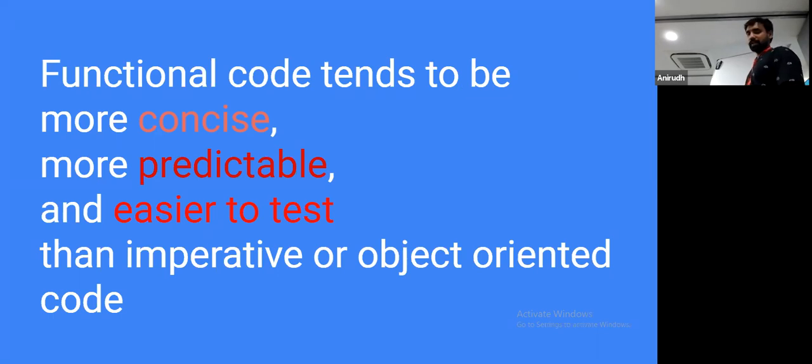So in that case, the state of the application is more predictable. And it is easier to test because again it has pure functions. So for a particular set of input parameters, you will always get the same output. So that makes the testing possible. We will cover how this affects React.